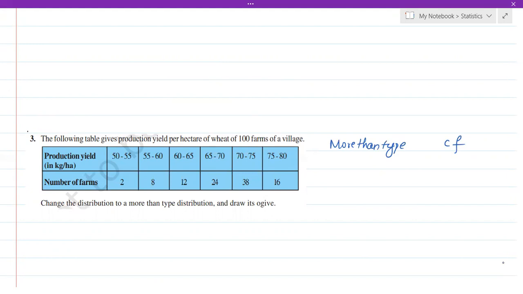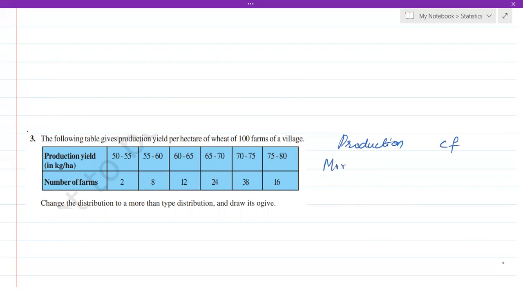Here the cumulative frequency is calculated in a different manner. So what is the heading? It is production, yield in kg per hectare. So I've just written it as production, and here let's take it as CF. In more than type, we must take only the lower limits.